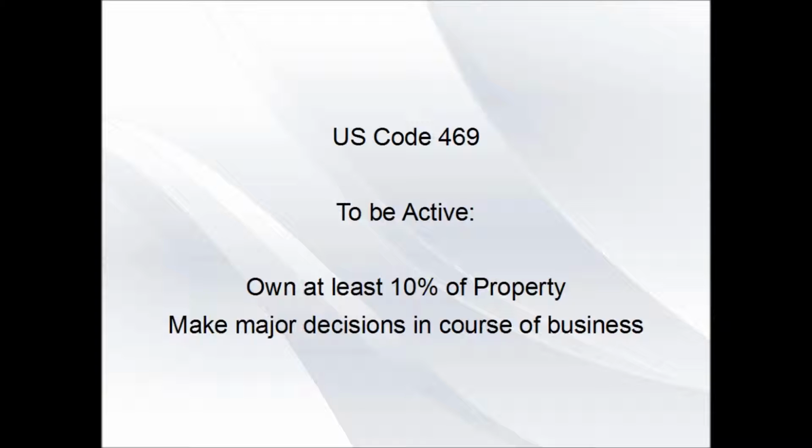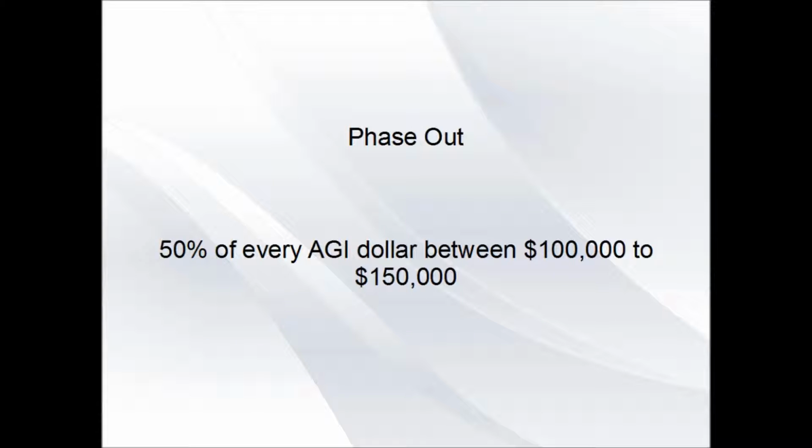These terms are also laid out in U.S. Code Section 469. In the event that you find yourself in a rental loss, it is possible to deduct part or all of your loss through a phase-out process as your income increases.